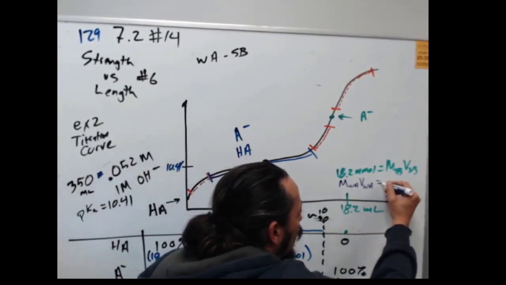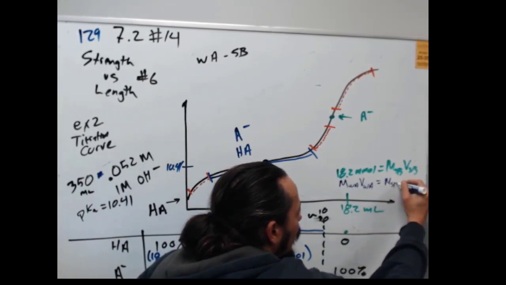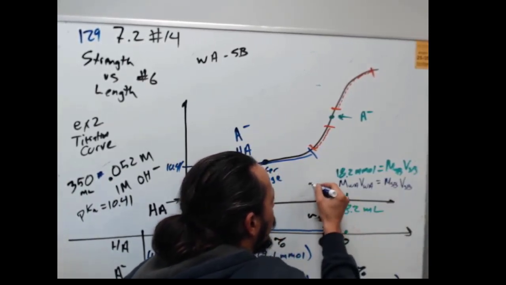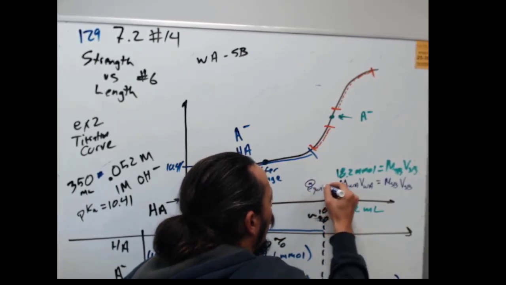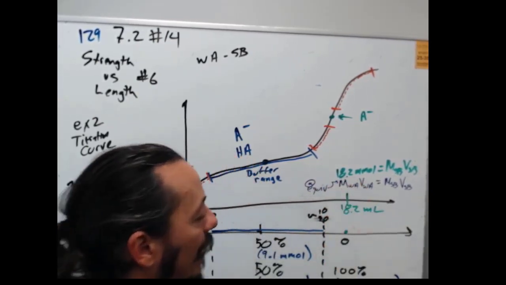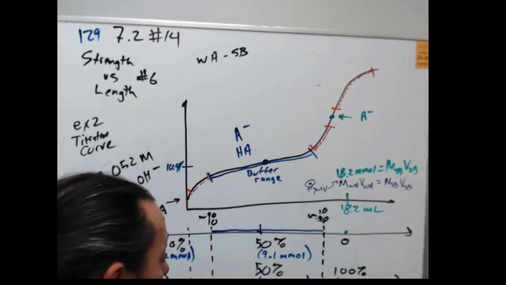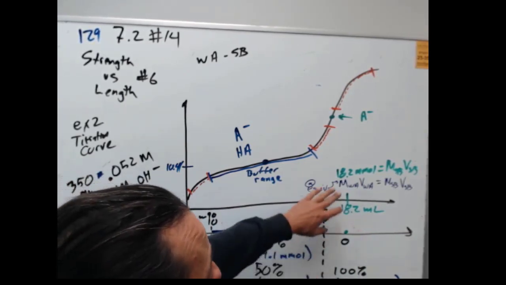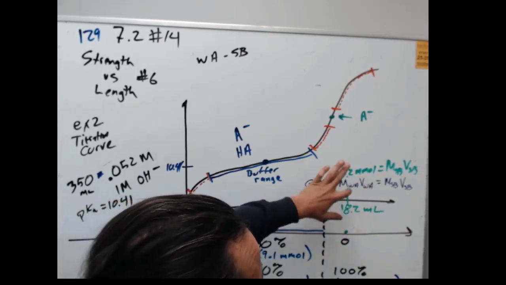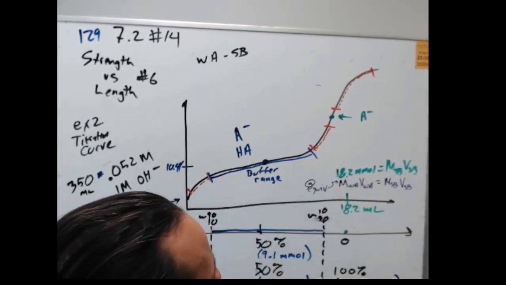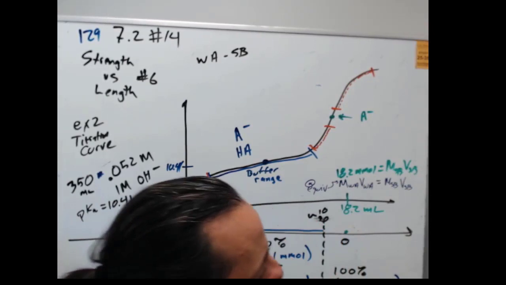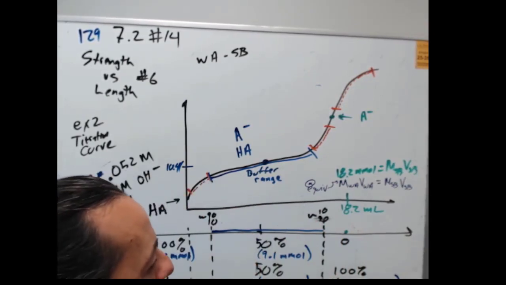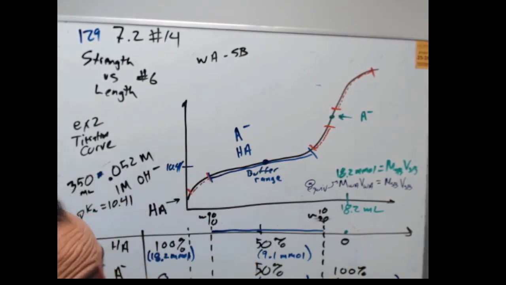And that's equal to my molarity of strong base times my volume of strong base, if I'm at the equivalence point. That works not because M1V1, M2V2 generally works, but because at the equivalence point, my moles of weak acid equal my moles of strong base. So I calculate moles equals moles. That's the equivalence point. The moles are equal to each other.